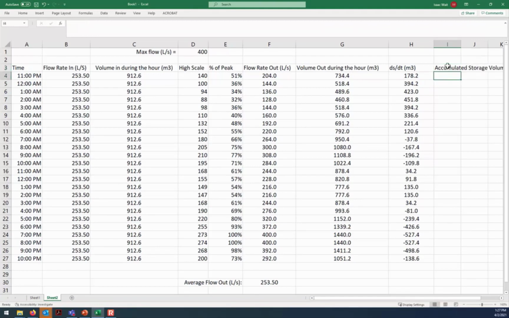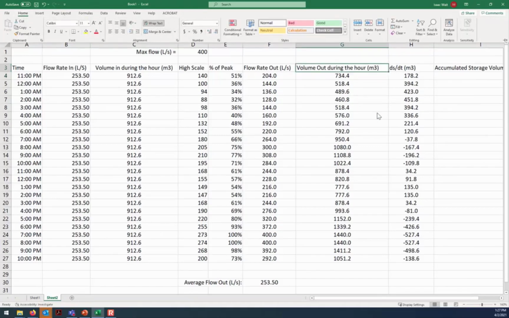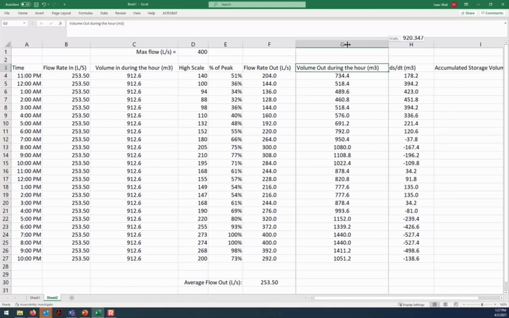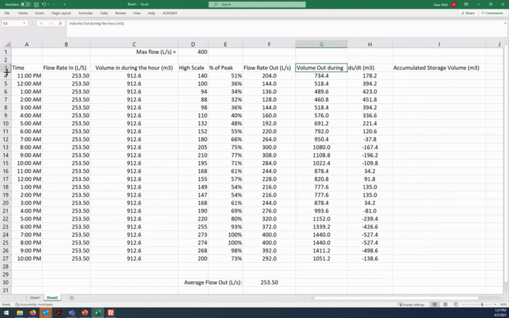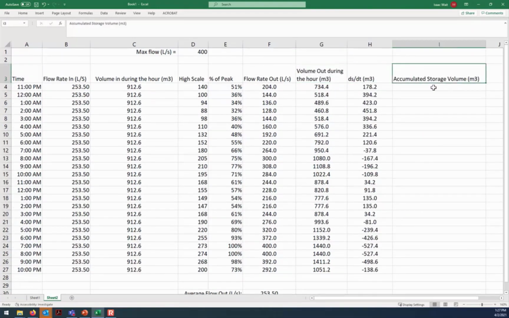in cubic meters. Okay, accumulation. Just to make this a little narrower, let me wrap text here. Alright, so accumulated storage volume. At 11, the tank was empty, but then it just started filling, right?